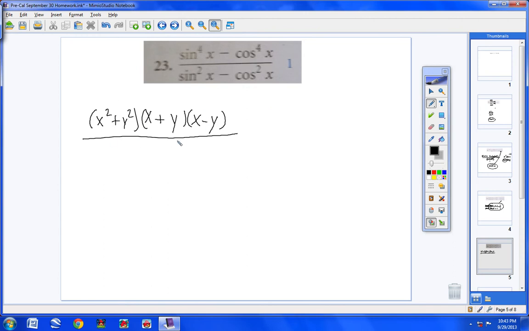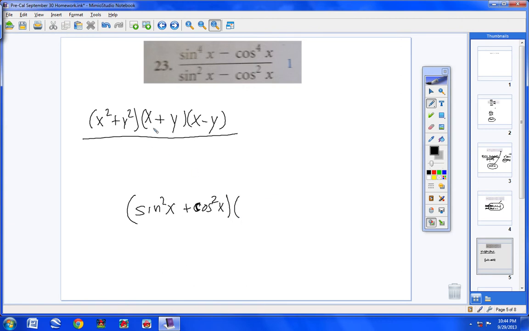Yes, we factored the numerator, but we really have to put our sines and our cosines back in. So x squared would be sine squared x plus y squared would be cosine squared x. We'll have to move that over and get some space here.